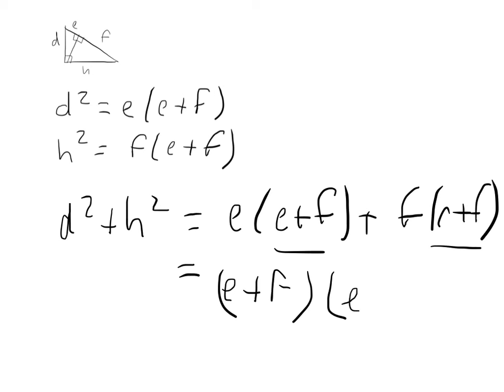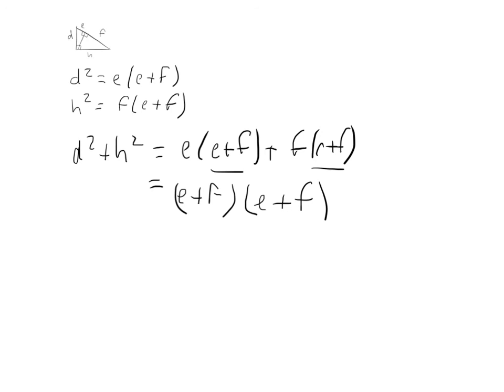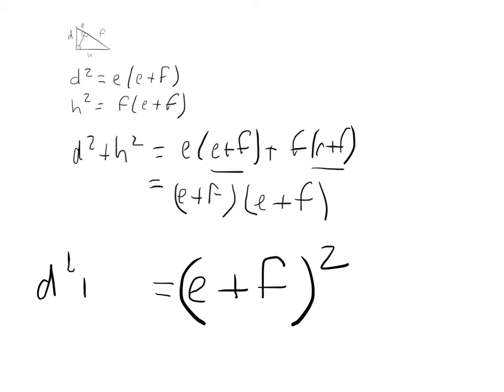What's left is an E plus an F. And we note that E plus F times E plus F is E plus F quantity squared, which is the hypotenuse, you'll remember, in our original triangle. So we've shown that D squared plus H squared equals E plus F squared, or certainly this is one proof, if you will, of the Pythagorean theorem.